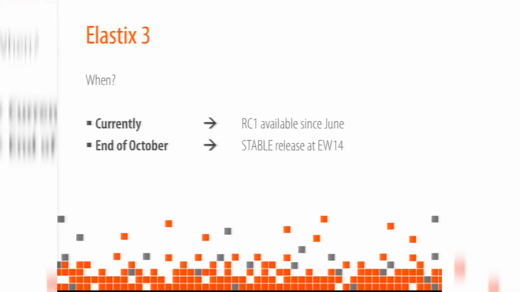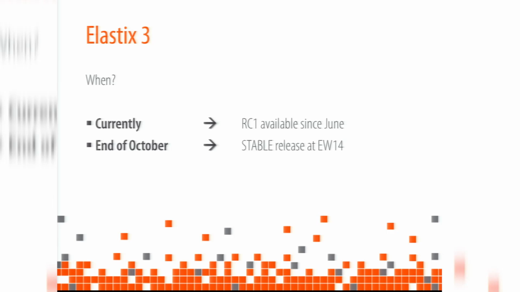And so, when is this going to happen? I don't know if you have heard, but Elastix 3 has been in the release candidate state for quite some time. I think it's since June. And by the end of October, meaning next week in our event in Chile, the Elastix World, we are probably going to be releasing the stable version, or at least that's what the developers are rushing for.